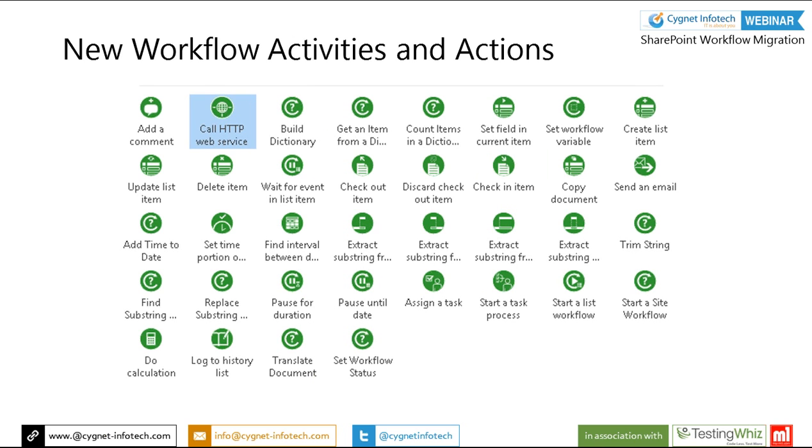As we have discussed a couple of new activities in the past few slides, I would like to focus on them and how we have configured and consumed them here. Notice the highlighted one, the Call HTTP Web Service activity.